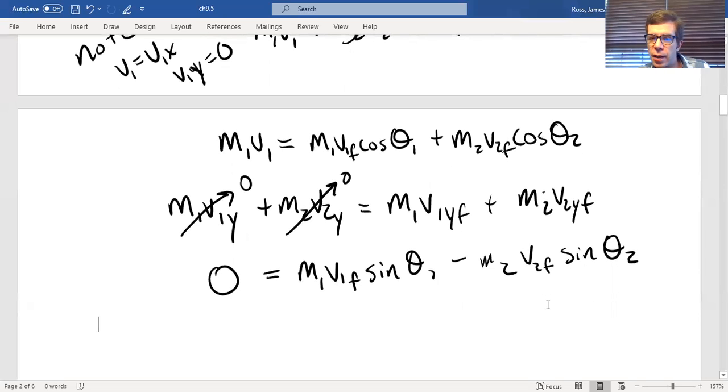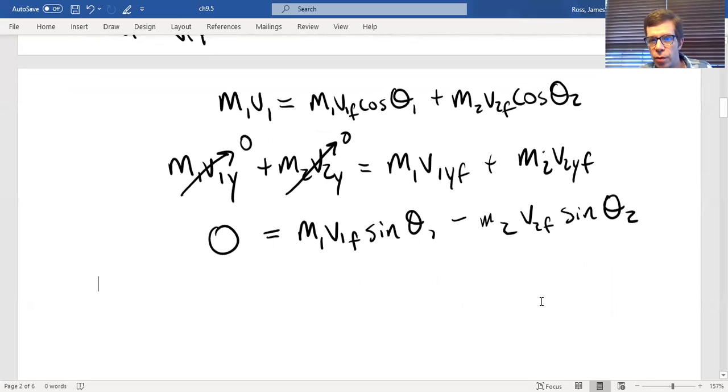So I'm going to go ahead and insert my negative sign there to include the direction.